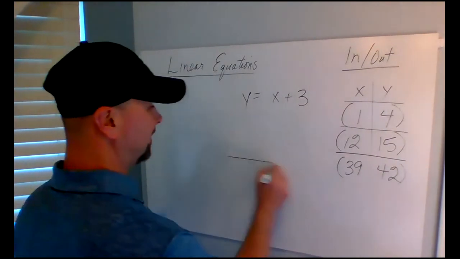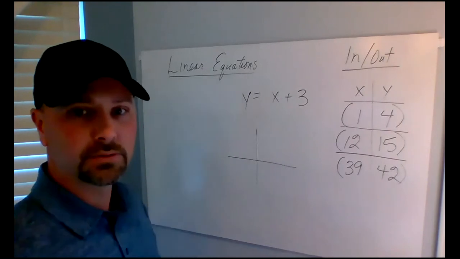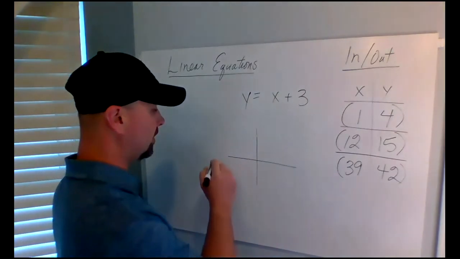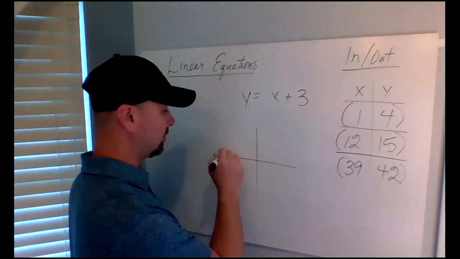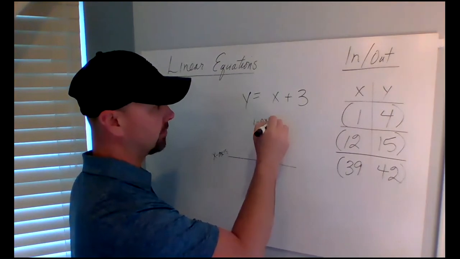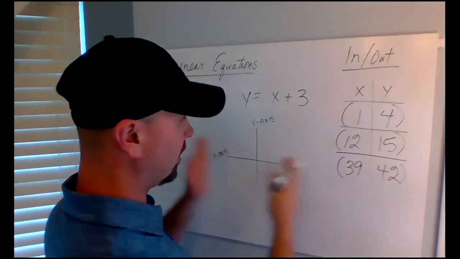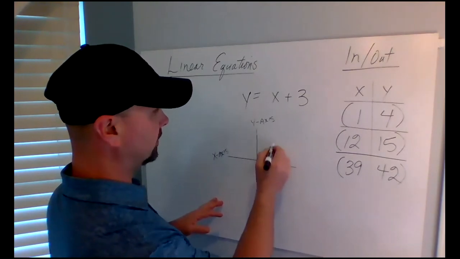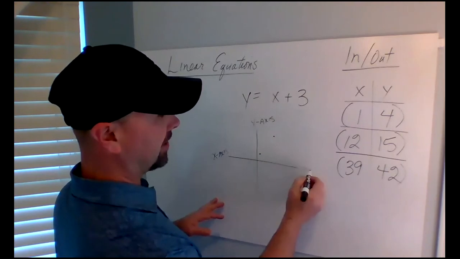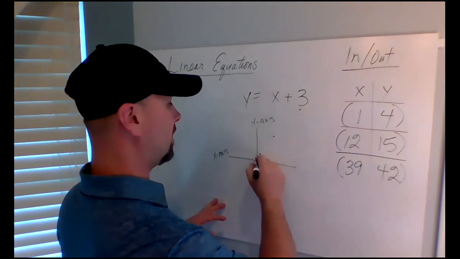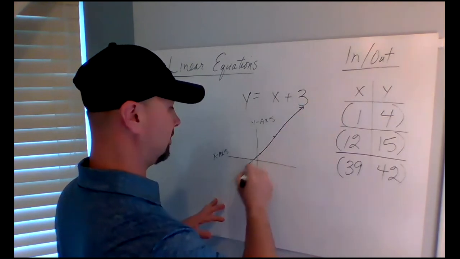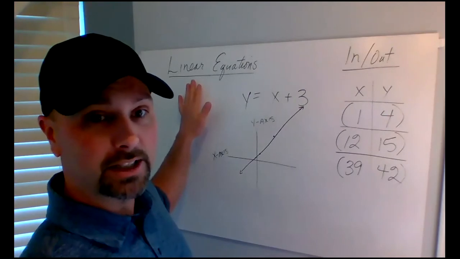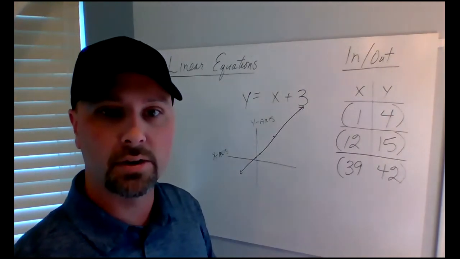And if I wanted to, and I had a big enough paper, I may want to choose some smaller numbers, I could plot those on a grid. Okay, 1, 4, 12, 15, 39, 42, okay? And it's going to create a straight line. A linear equation always makes a straight line, okay?